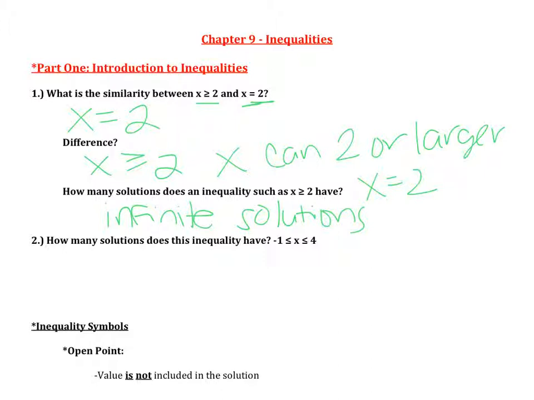Number 2 asks, how many solutions does this inequality have? Negative 1 is less than or equal to x, which is less than or equal to 4. You want to be careful because you don't want to say, oh, it's negative 1, 0, 1, 2, 3, and 4. Yes, they are the whole numbers that satisfy this inequality, but you're missing all the other numbers in between.